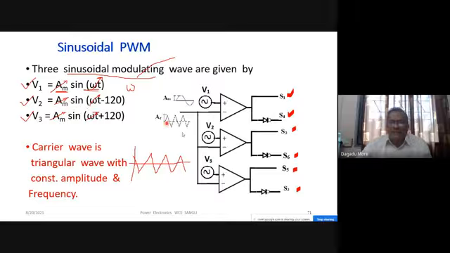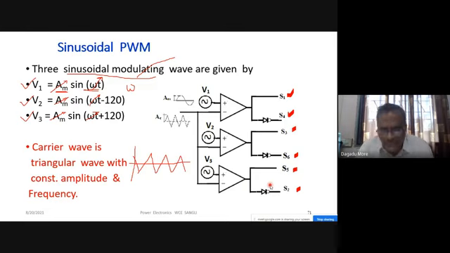Then a second comparison is made between the carrier wave and the second modulating wave; this direct comparison signal goes to S3, and its inverse goes to S6, the lower device of the second leg. The third modulating signal V3 is compared with the same carrier wave, and the comparison results go to S5 and S2.